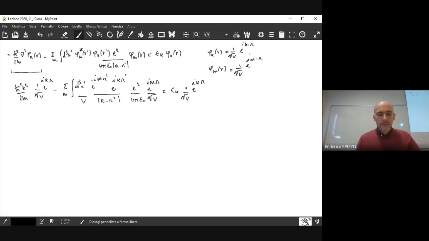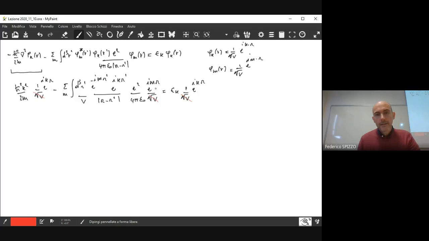So we may remove the square roots of the volume, 1, 2, and 3. So we just keep the volume that is within the integral. Then we may also simplify the phase corresponding to wave vector k. But when we do that, since the phase with wave vector k is within the integral, we may not simplify with this phase here.